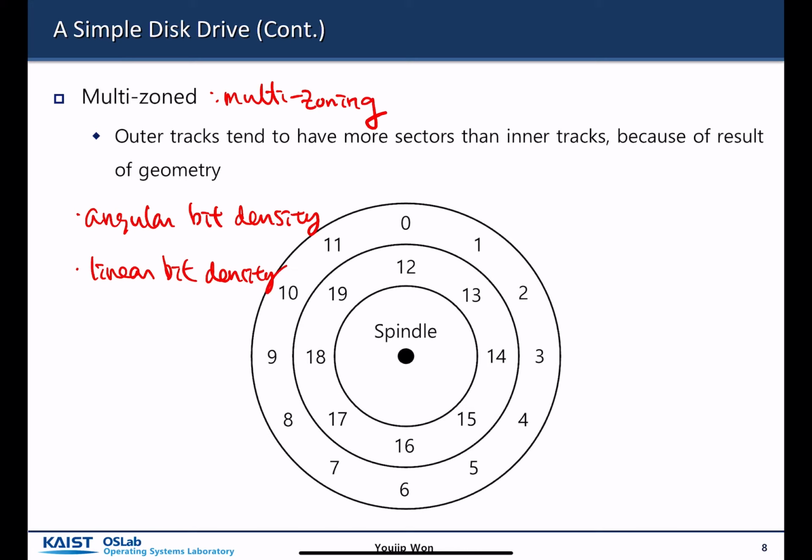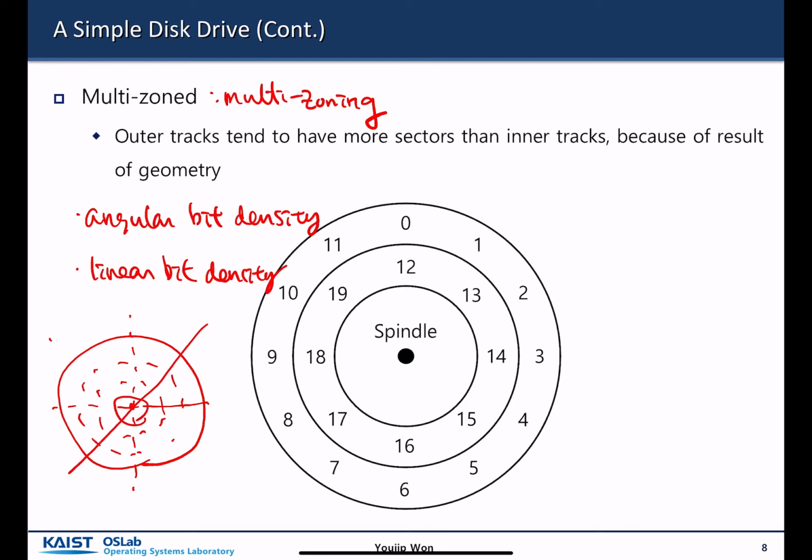So in the old days of hard disk drives, angular bit density is constant. So no matter what the track is, we place the same number of sectors in the track. For example, here, like a pie chart.